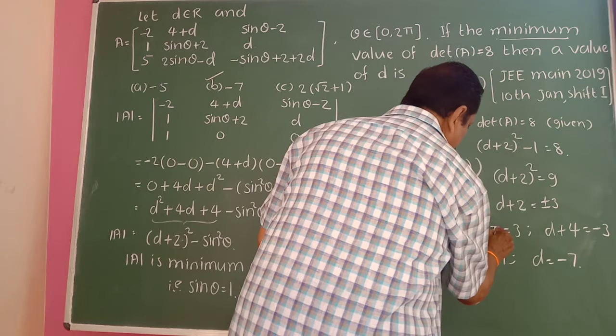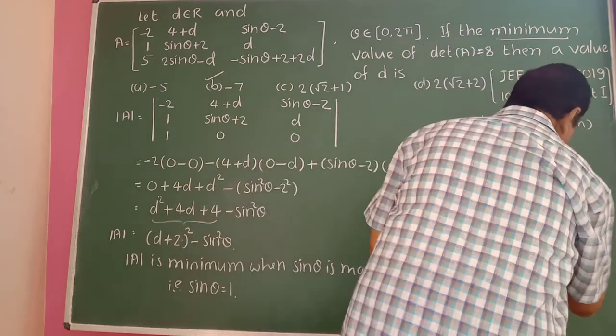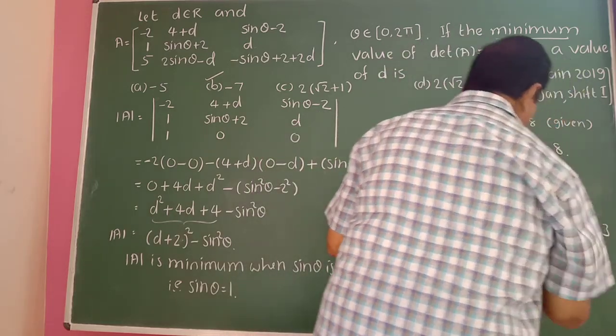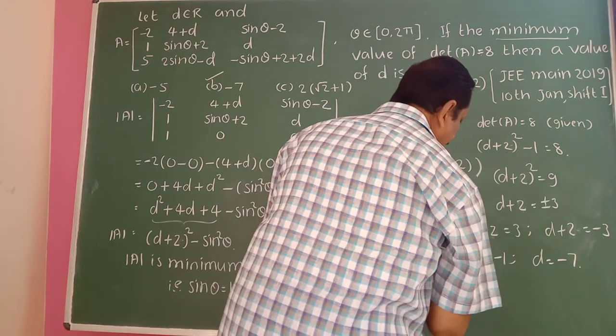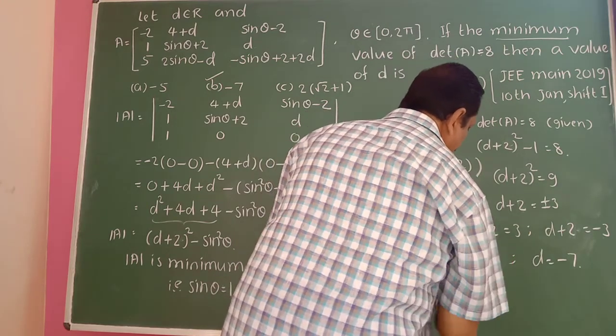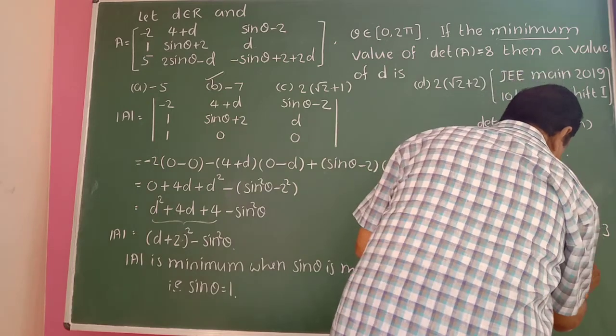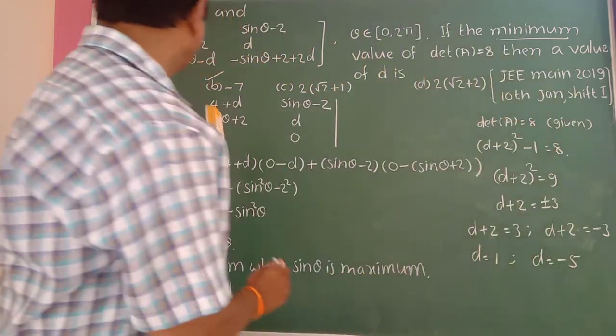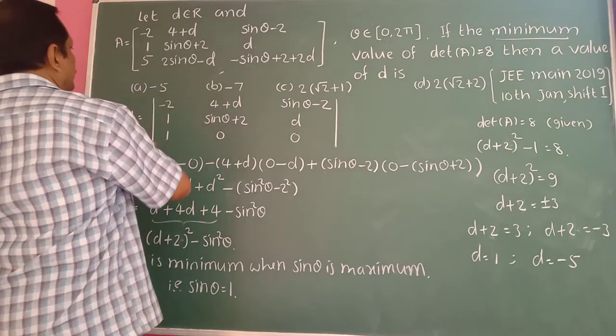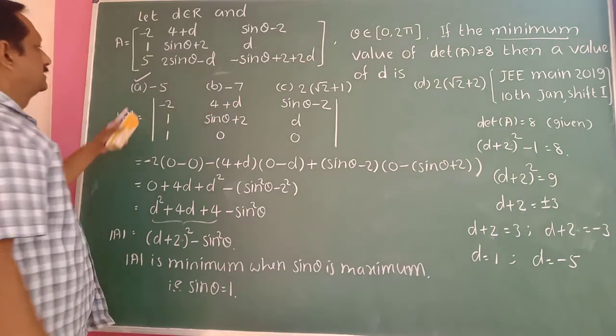Hence d plus 2 is equal to 3, and d plus 2 is equal to minus 3 here. Take 2 right hand side here. 3 minus 2 gives 1, and take 2 right hand side, it's a minus of 5. Hence it is not a minus 7 here. So minus 5 is the answer here. Minus 5 is the correct option.